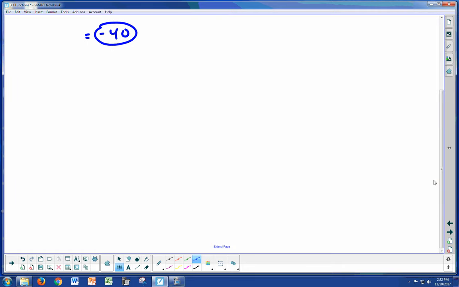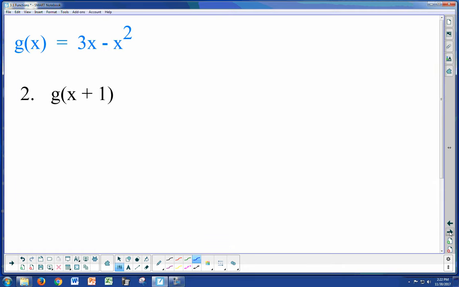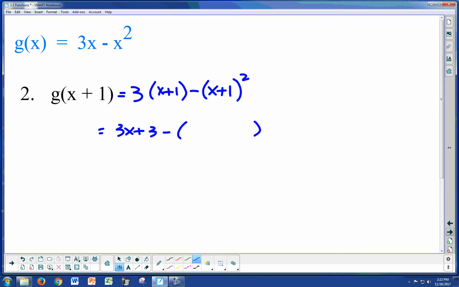Sorry, I guess we're on the next slide. G of x plus 1. So here, again, parentheses certainly help us when we're putting an x plus 1 in there for x. X plus 1 here. I'm going to square it. Or 3x plus 3 distributed carefully minus. Now be careful here. This is a tricky one. I would square out that binomial x squared plus 2x plus 1, and then I would do the subtraction of it.